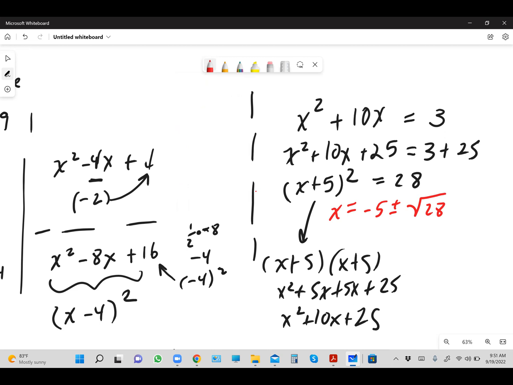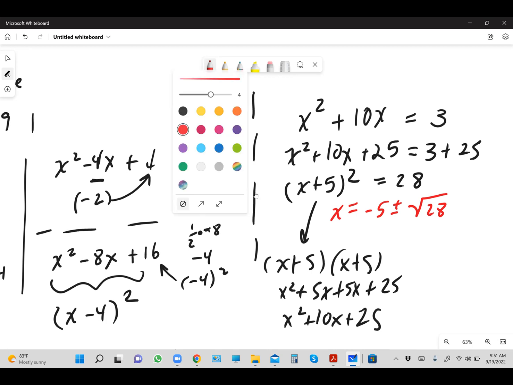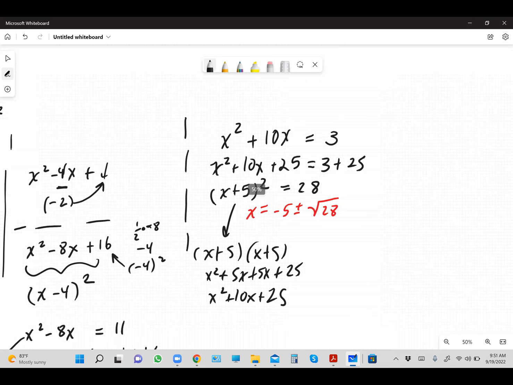So we're solving quadratics already by being able to do that. So that is completing the square. That's how you solve quadratics.